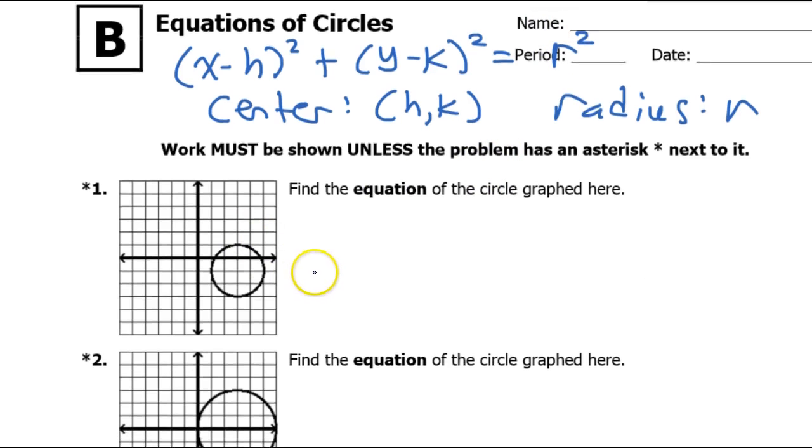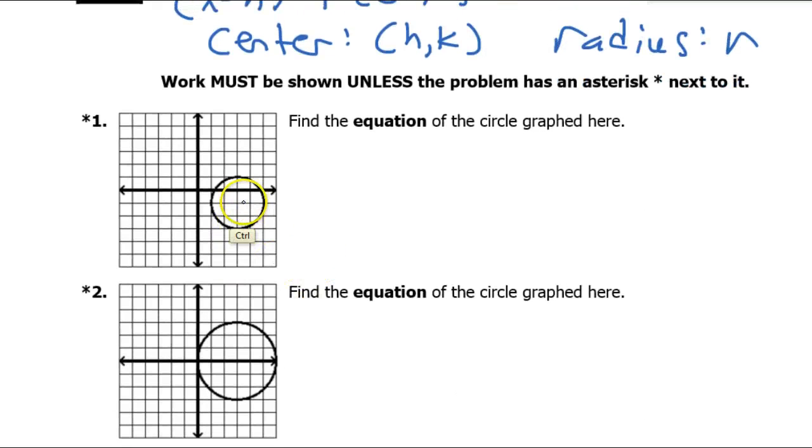Anyway, for problem number 1, we can easily tell that the center is right there, where I just put that dot. So the center is the point 3 comma negative 1. Now, looking at how far the center is from the edge of the circle, I can tell that the radius is 2.